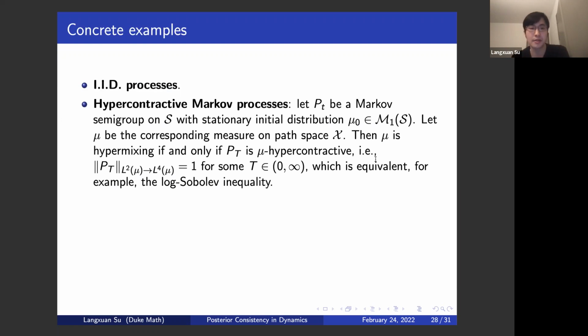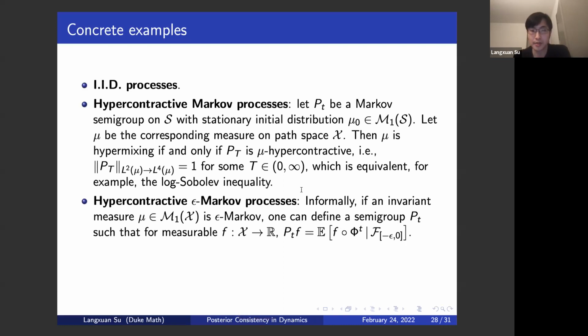In this case, it just means the operator norm from L2 to L4 is 1. This is a very well studied property. It has many connections to other properties of Markov processes. For example, it is basically equivalent to the log-Sobolev inequality. So one can find many criteria to verify the hypermixing property for Markov processes.